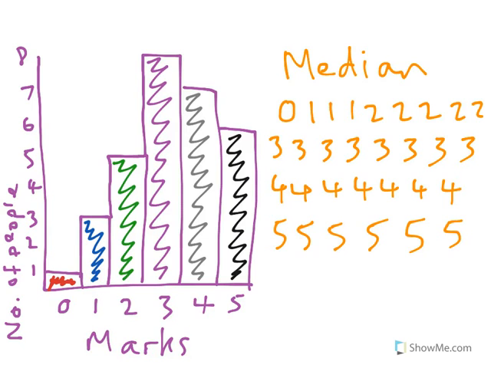Now we're going to find which one falls in the middle. Well, the easiest way to do that is to cross them out from the outside and work inwards. So I'm going to cross the 0 off and that 5. And I'm going to keep doing that until I find what's in the middle.